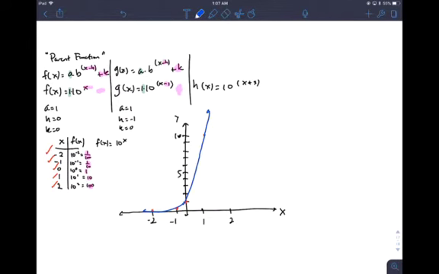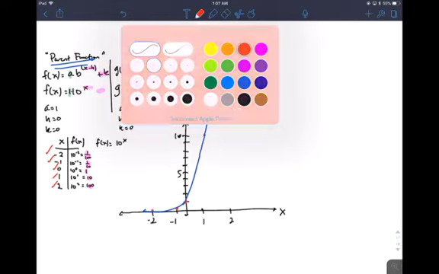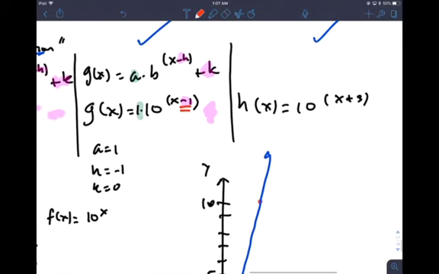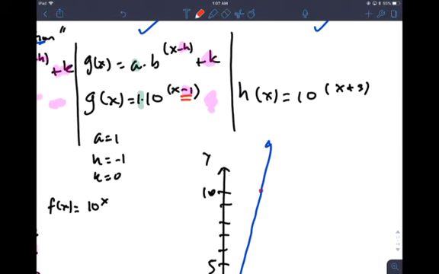So I'm going to use my parent function to figure out this graph and then this graph. I know that here in this graph, g of x, h is negative 1. So h makes the graph go left or right. And again, if we're adding, that means we're going to go to the right. We're adding by 1, so I'm just going to move right once.